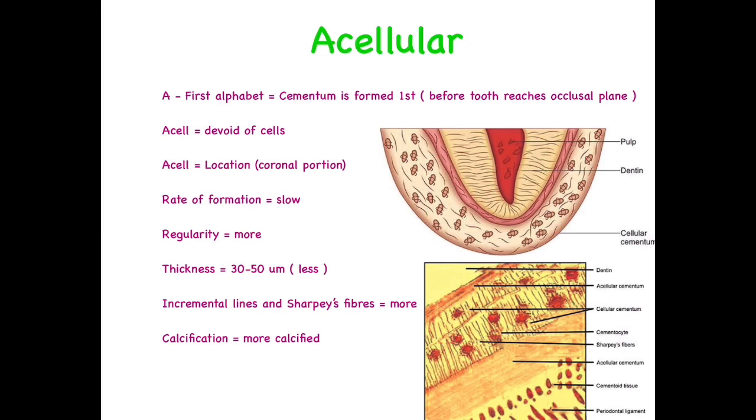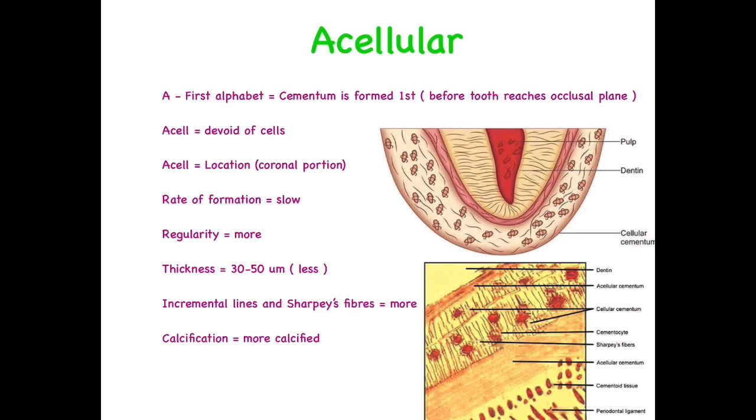So as this cementum is devoid of any cells, it is acellular. Therefore, the rate of formation is slow, so indirectly you can correlate that this cementum is formed in a more regular manner. So the composition of the acellular cementum is more regular.